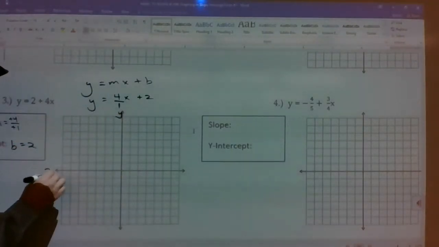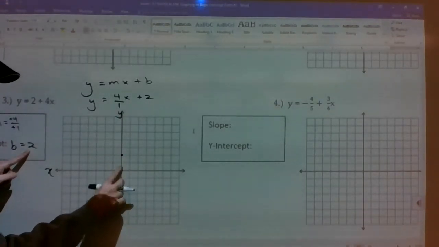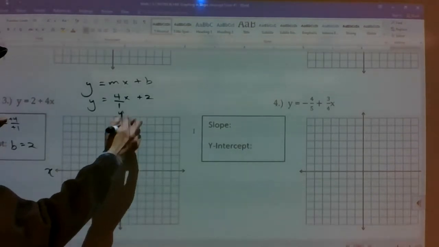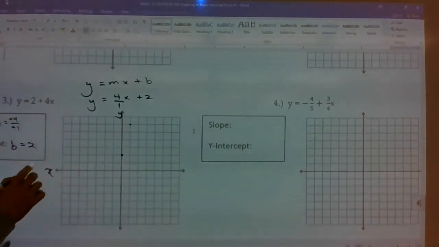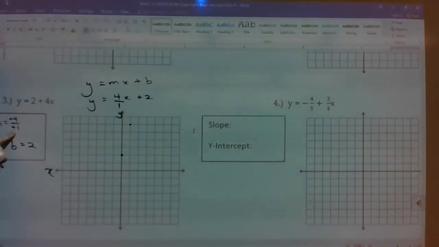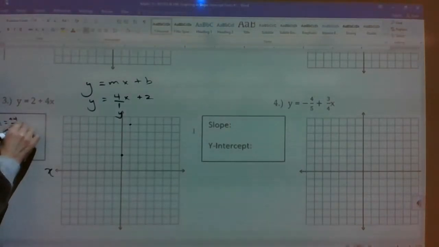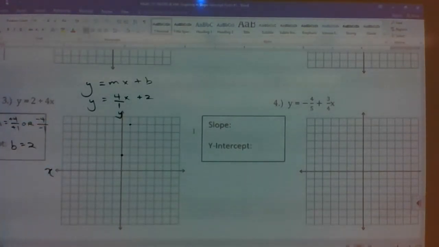Here's our y-axis, here's our x-axis. Start at positive 2 on the y-axis, that's 2 units above the origin. Then go up 1, 2, 3, 4, right 1. Now, I don't know if you guys thought of this, but up 4, right 1 is going to be the exact same thing as down 4, left 1, right?